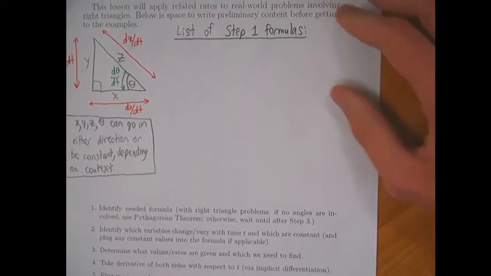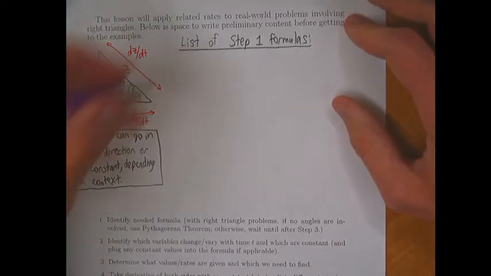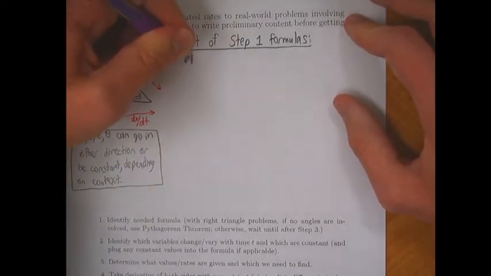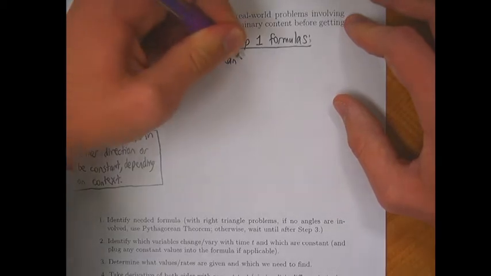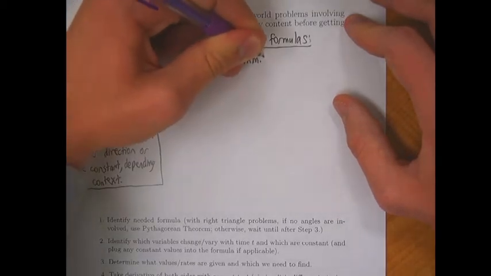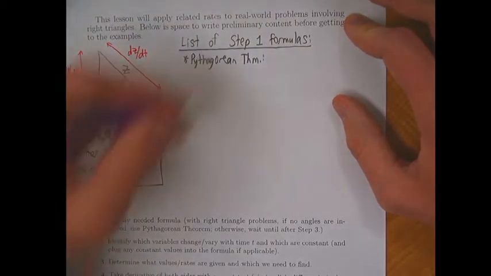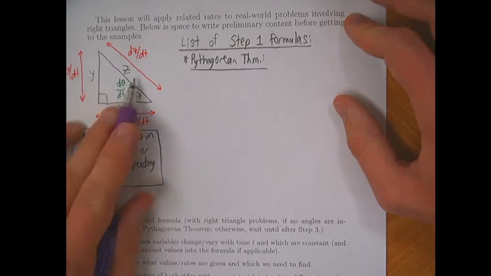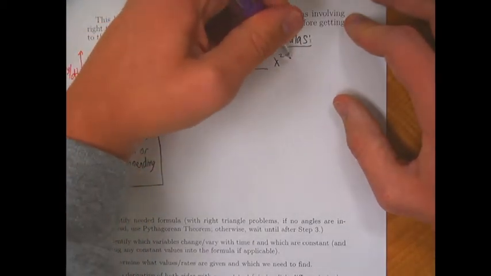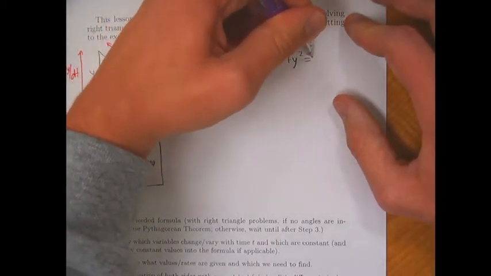So in this case, as I mentioned, one of them is the Pythagorean theorem, which of course states that we have x squared plus y squared equals z squared.